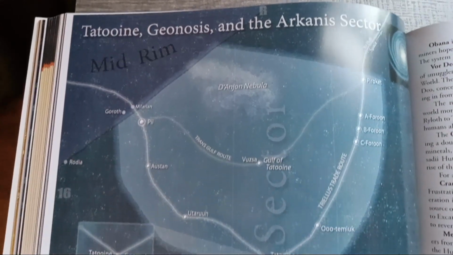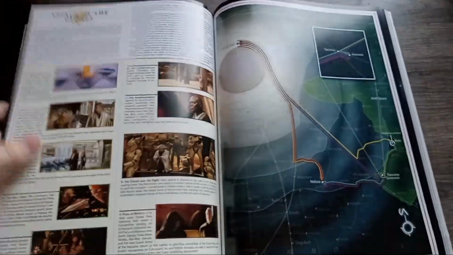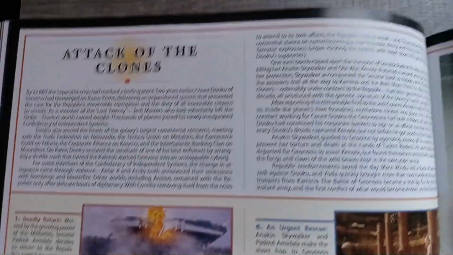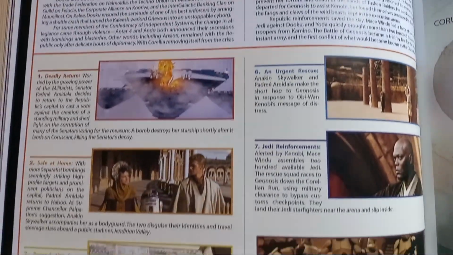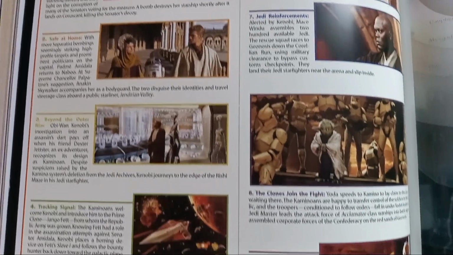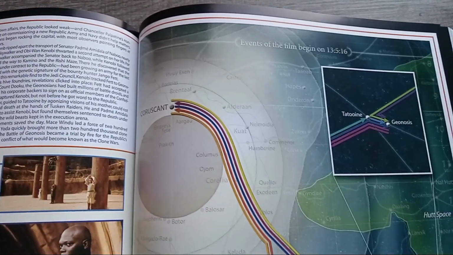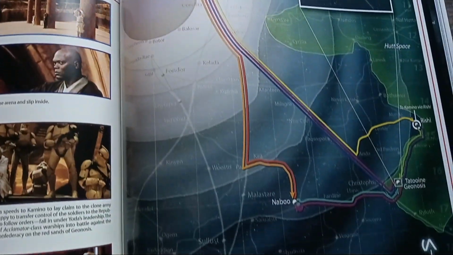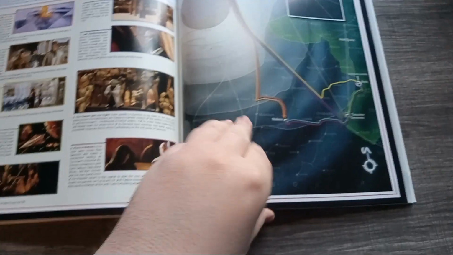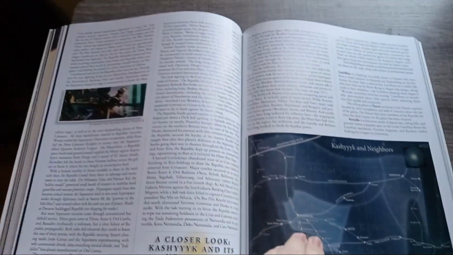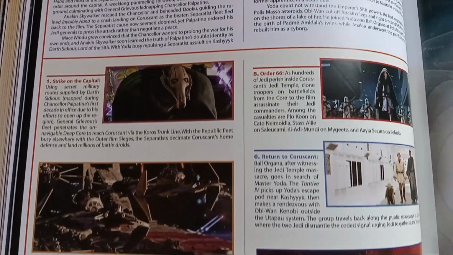Oh, okay, very important region because everything happens on Tatooine. We go there all the time. And then you get an Attack of the Clones little breakdown of the movie, and then you get its map. Very cool. Then you have Revenge of the Sith and its little breakdown and map. Cool.